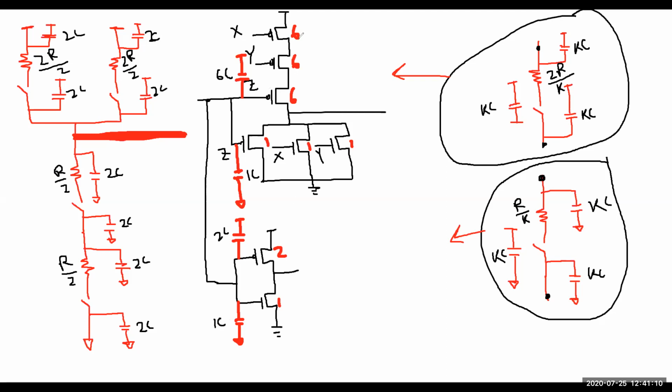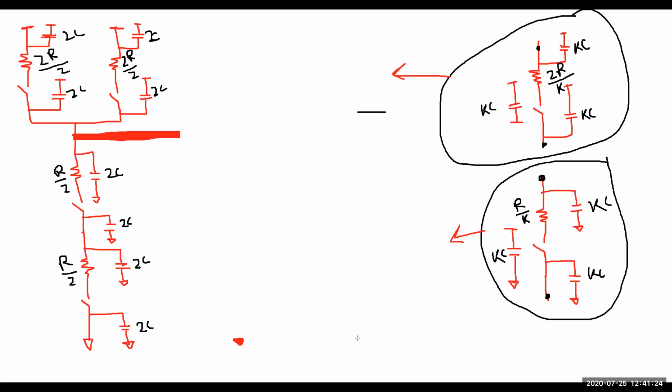So if you want, you can convert all of them into RC, no problem. But I'm not going to do that. I'm going to use a white screen for this whole thing, and then I'm just going to write by myself. Here you have 6C. Here you have 1C, because they are all connected, right?